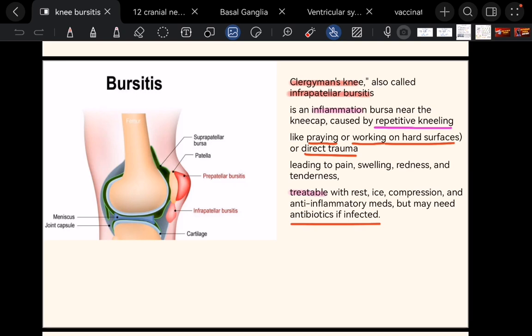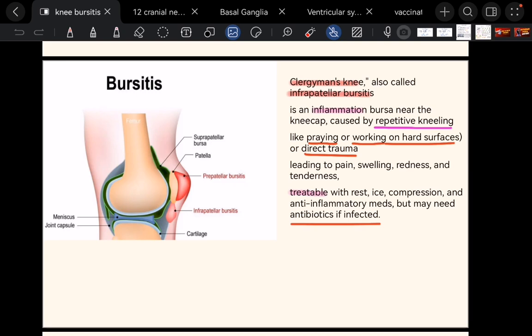Treatments are pretty similar as well: rest, ice, compress, elevate. You can also use anti-inflammatory medication such as ibuprofen. You also may need antibiotics if it's infected, with symptoms such as fever, redness, and warmth of the knee. So this is infrapatellar bursitis.